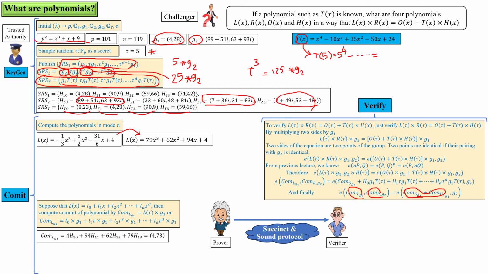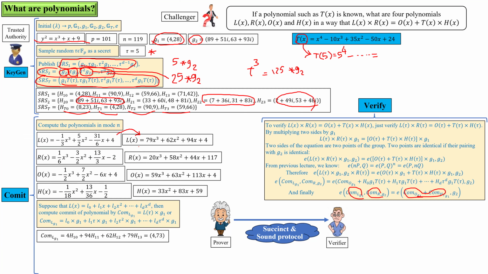The prover will do the same thing and compute the other three polynomials in mod 119 with the same method that we discussed already. Now the prover needs to compute these two other elements to be sent to the verifier.